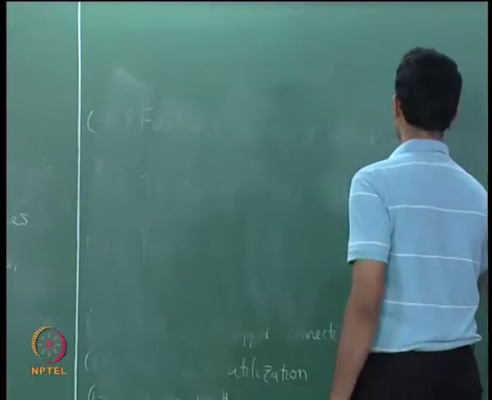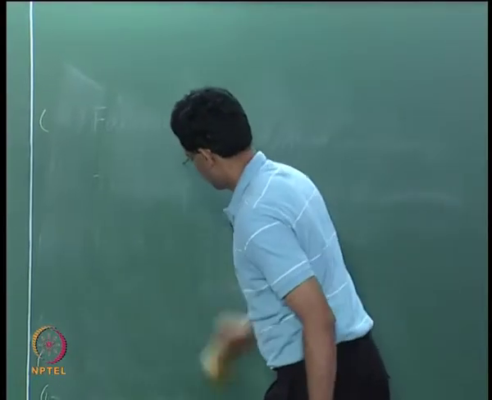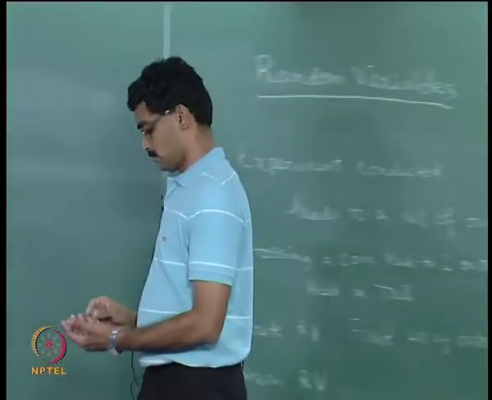So we look at discrete variables first, and then later on we look at some of the common continuous distributions.